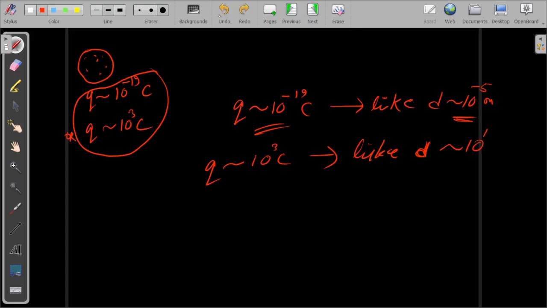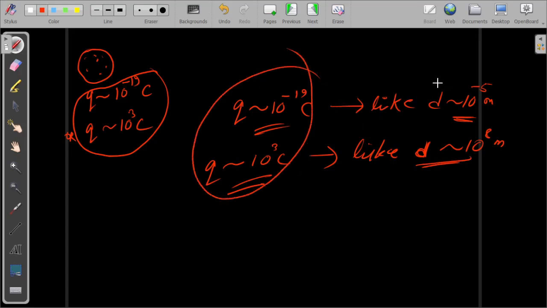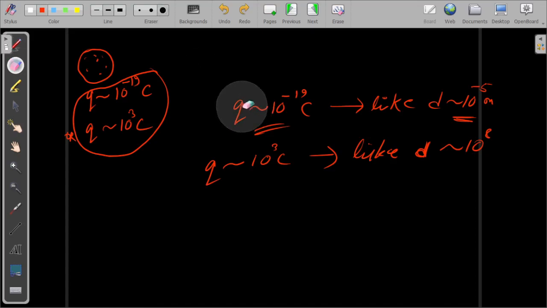You can take 10 to the power 10 meter also. That means this value should always be very small compared to this value, the value of distance. Understood?